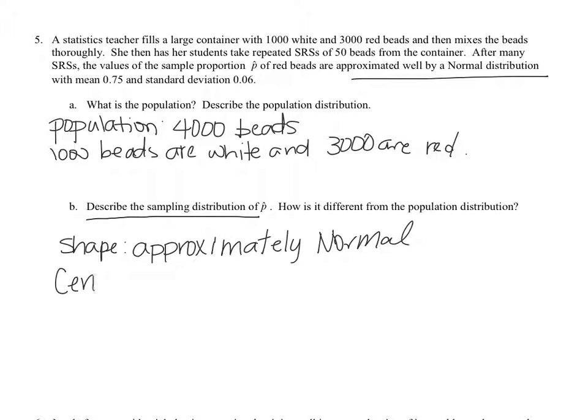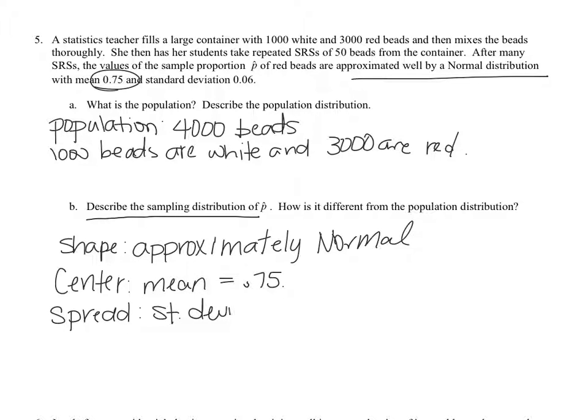The center, because this is a sampling distribution, should be approximated by where the p hats are. So the center, mean, equals 0.75. The spread would be the standard deviation, about 0.06. And then there are no outliers.